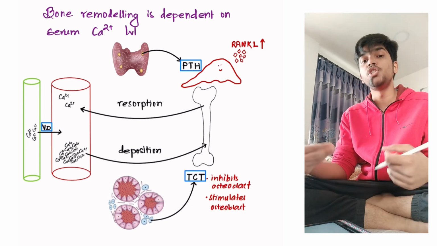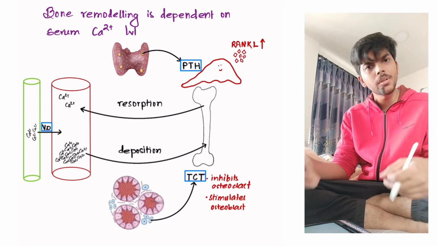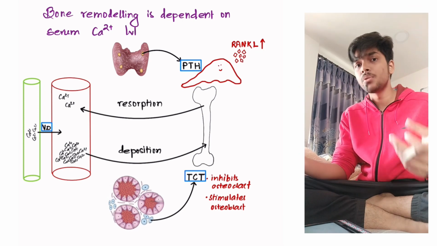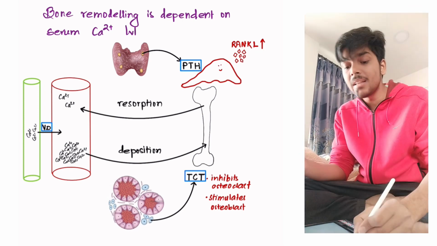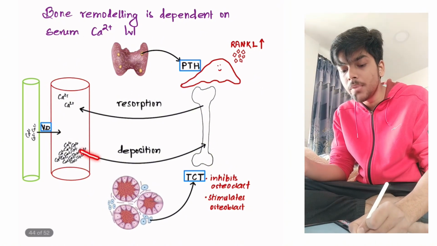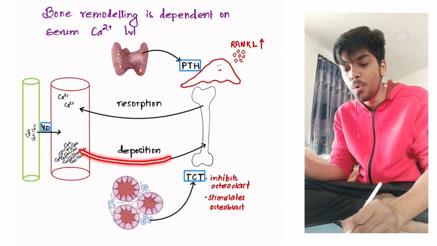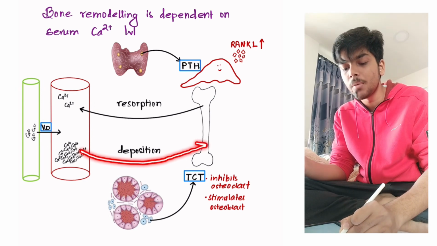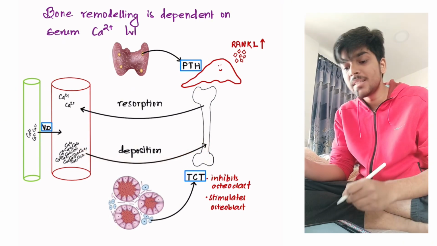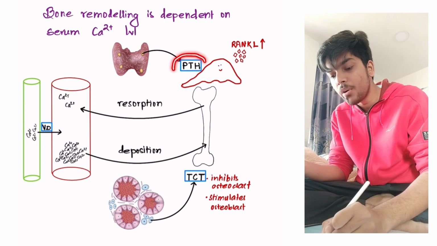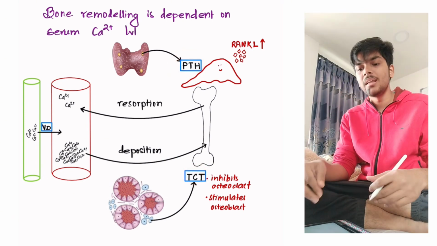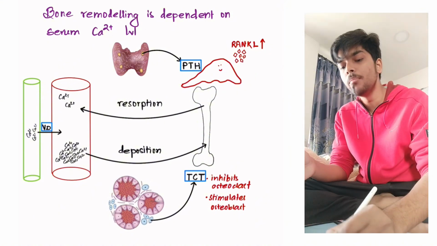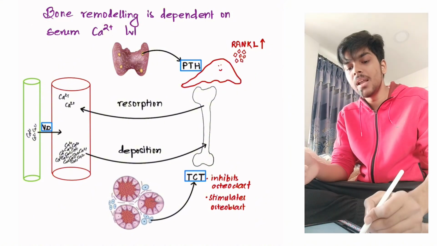That is, it stimulates the formation of bone, and for the formation of bone you need calcium, so that calcium can bind with phosphate to form hydroxyapatite. So the calcium, where does it come from? It comes by getting pulled from the blood. The extra calcium gets pulled from the blood and deposited into the bone. This is how parathyroid hormone and thyrocalcitonin, two hormones, regulate bone remodeling by regulating the level of calcium in the blood.